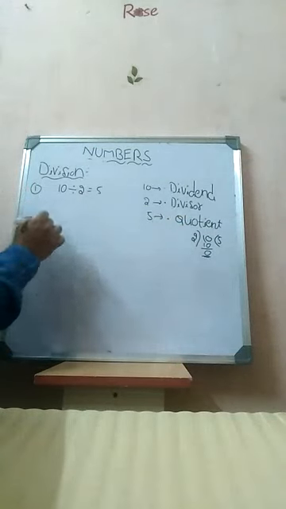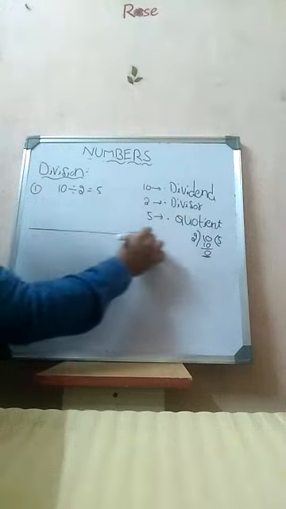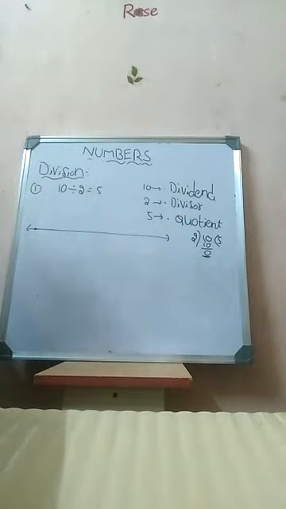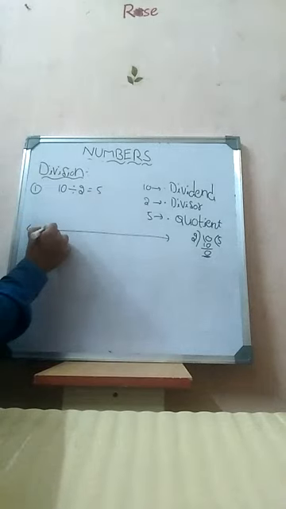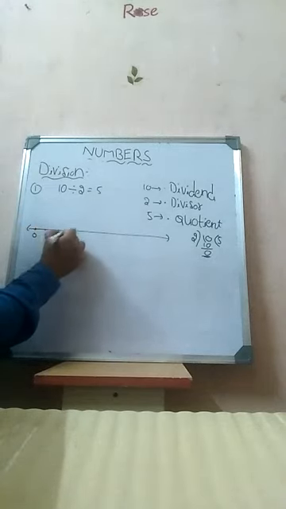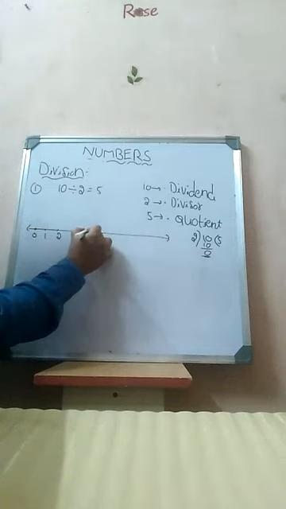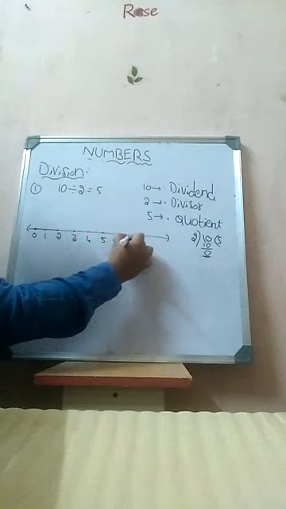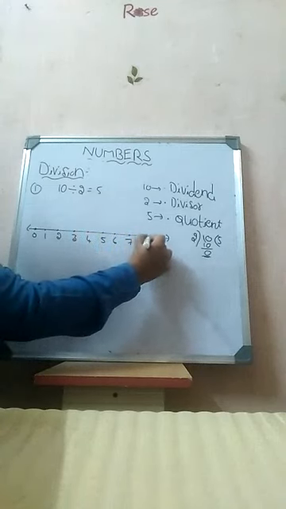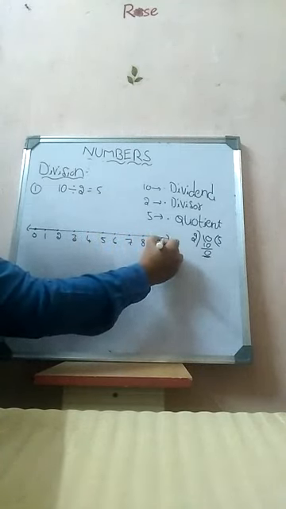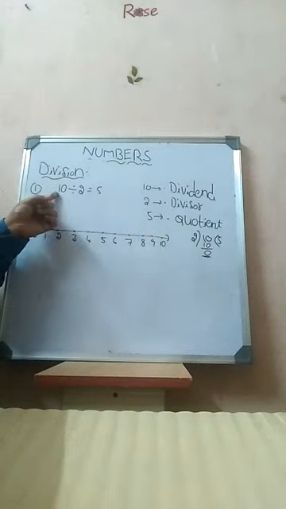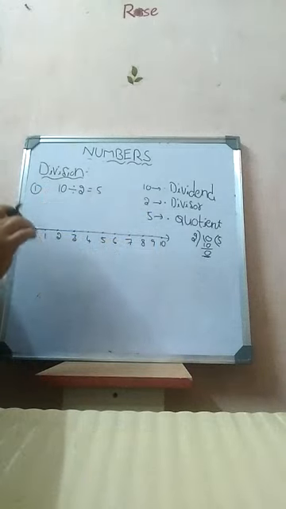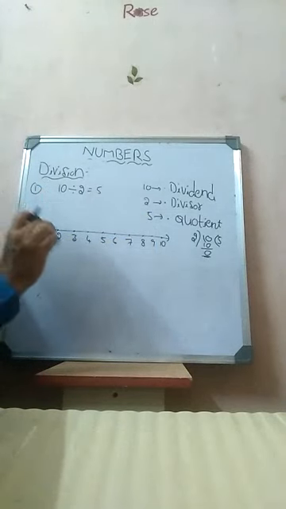Now coming to number line, how to show this division on number line. So whole number line: 0, 1, 2, 3, 4, 5, 6, 7, 8, 9, 10. So here dividend is 10. That's why it starts from 10 here. In multiplication and division, you have to remember one thing.